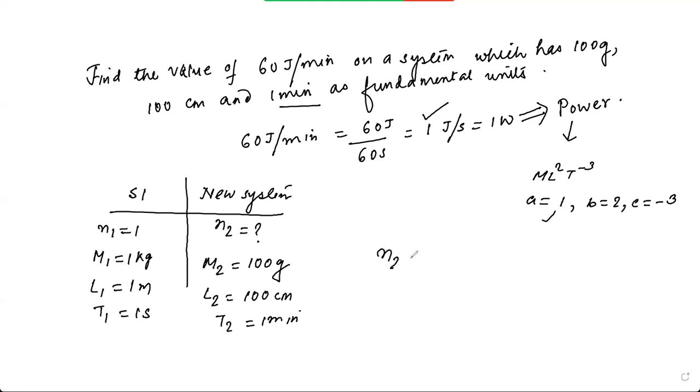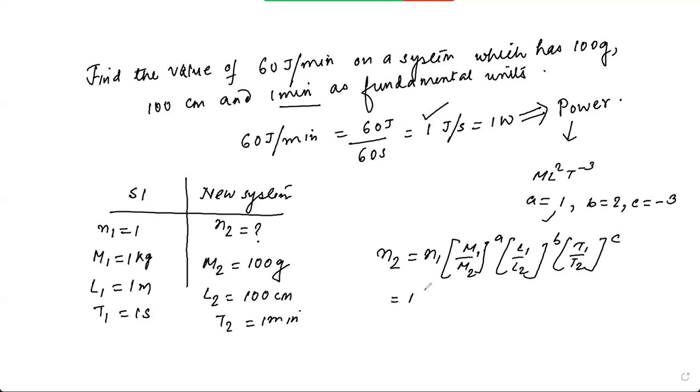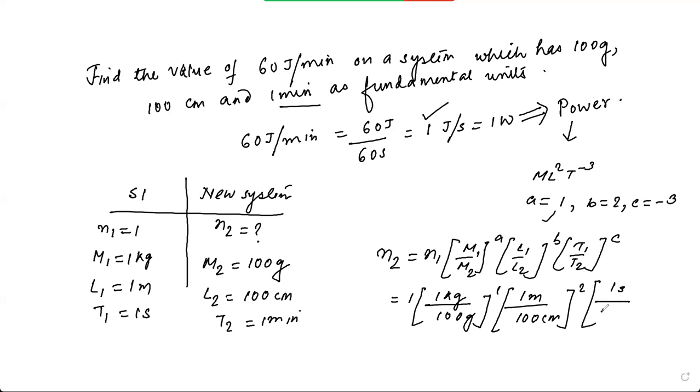So now N2 equals N1 (M1 by M2) to the power A, (L1 by L2) to the power B and (T1 by T2) to the power C. N1 is 1, M1 is 1 kg and M2 is 100 gram, to the power A is 1. L1 is 1 meter and L2 is 100 centimeter, to the power B is 2. T1 is 1 second and T2 is 1 minute, to the power C is -3.